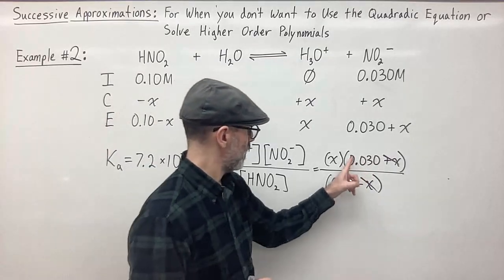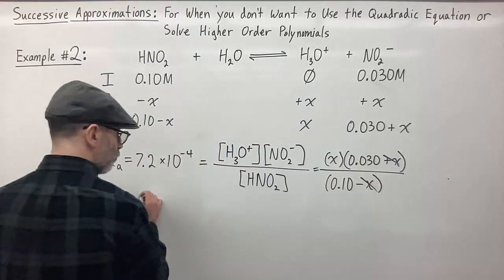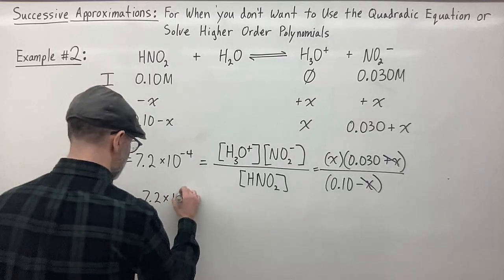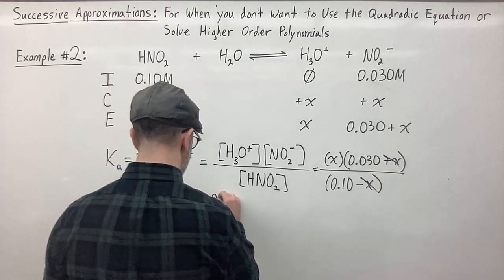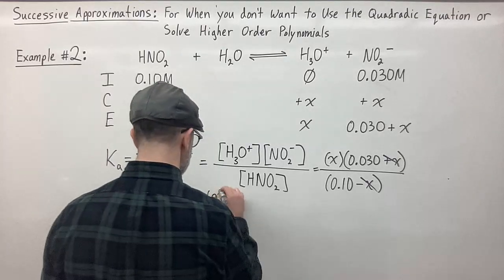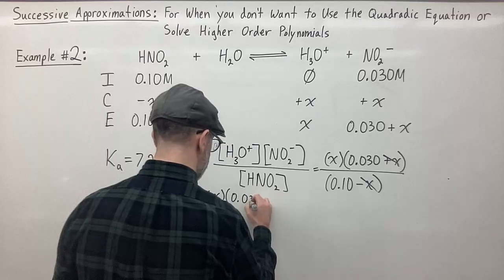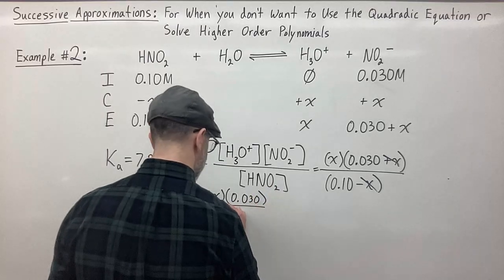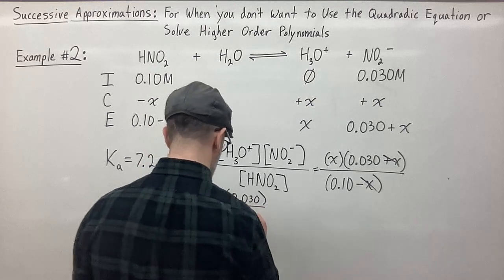So then it's this divided by this, so let me rewrite it over here. 7.2 times 10 to the negative 4 is now equal to x times 0.030 divided by 0.10.